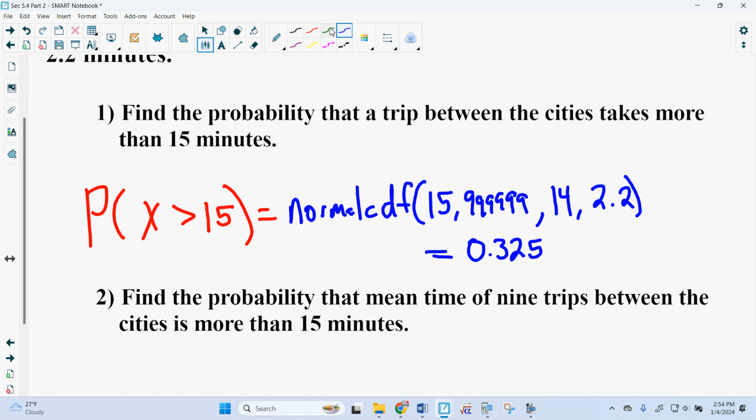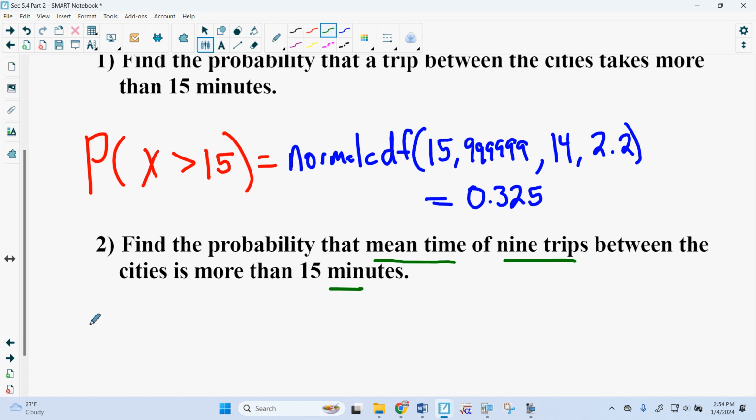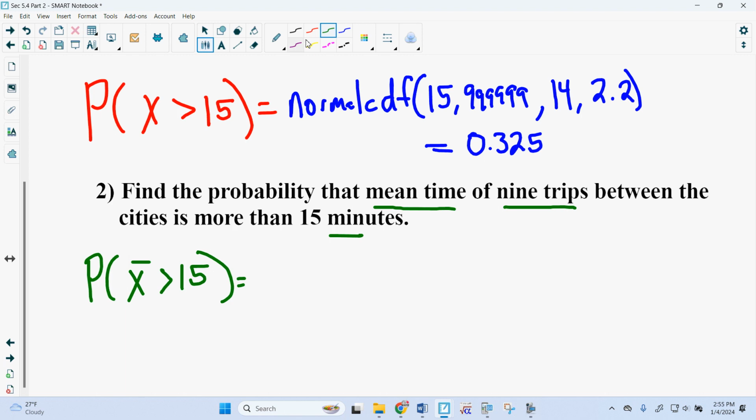Find the probability that the mean time of 9 trips is more than 15. And this is why I've been mentioning what the variables are. This is now, what's the probability that x bar is greater than 15? And this changes a little bit because now our mu for x bar stays the same, and it's 14, but our sigma for x bar becomes sigma divided by the square root of n, which is 9.